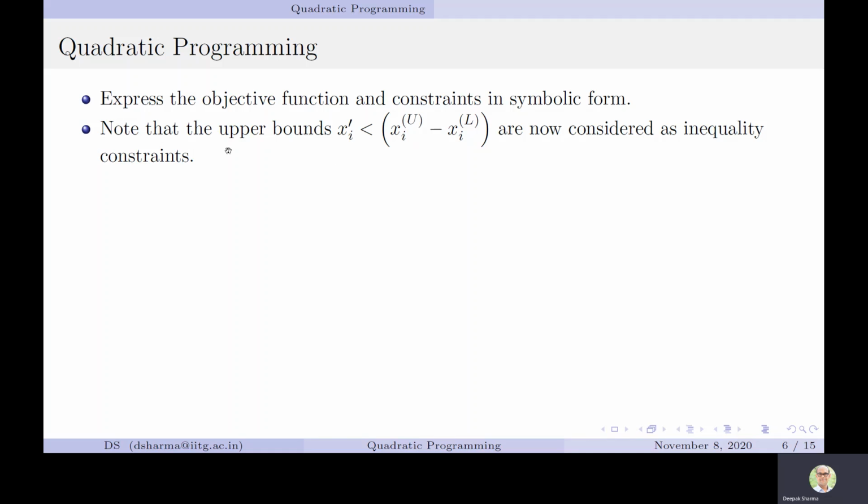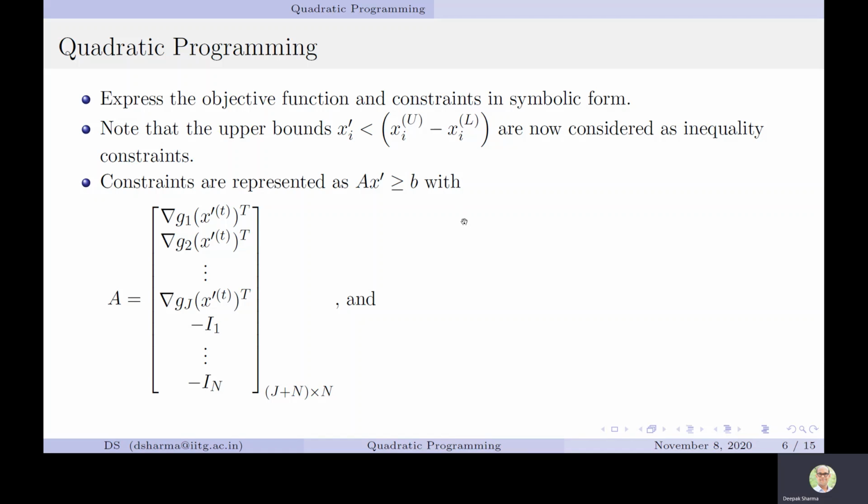Now here, the upper bound says x prime should be smaller than or equal to xi upper minus xi lower. We are considering this as an inequality constraint, so we can convert it into the form g(x) greater than or equal to 0. This means that x prime will go to the right-hand side and will be negative, so this constraint is written as greater than or equal to 0.